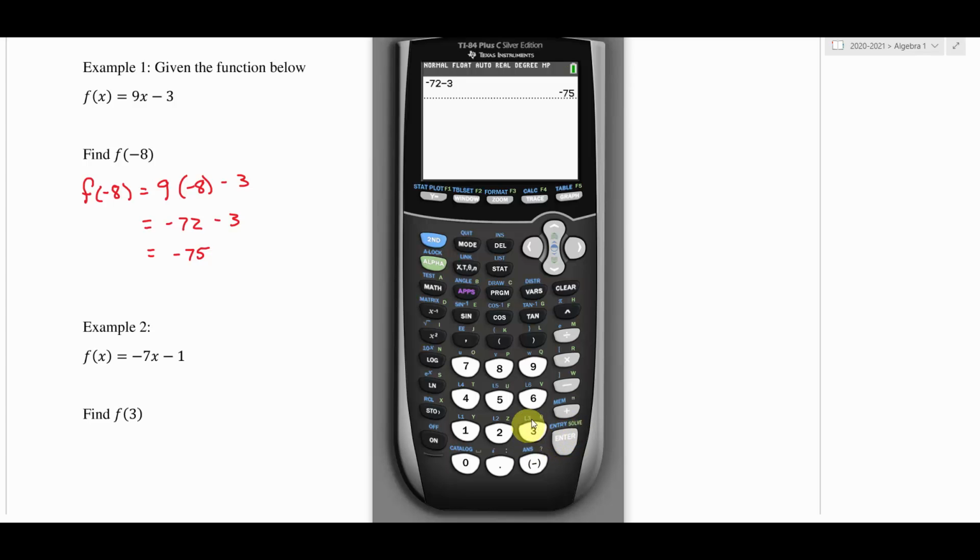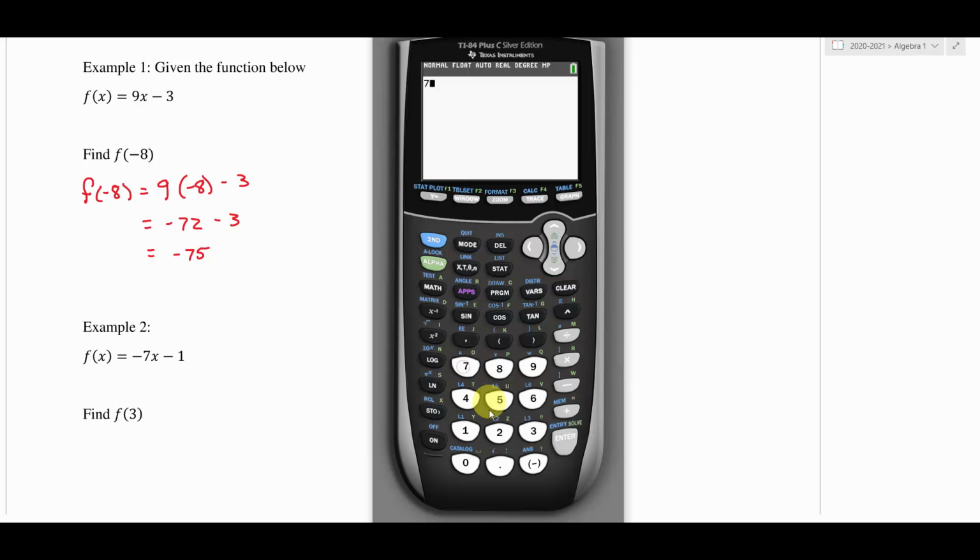A lot of students, what they'll do is they'll hit the minus button, something like this. Let me clear that screen off. So they'll hit the minus button and then try and do 72, and that would not give you the right answer because that is not the same thing. Okay, so you got to make sure that if you're putting a negative in front of a number, use the negative button. If you're doing subtraction in between two numbers, make sure you use the subtraction button.